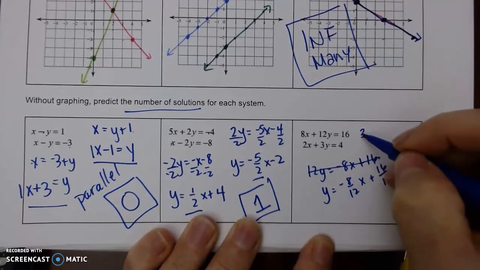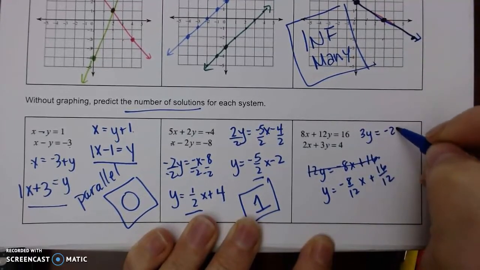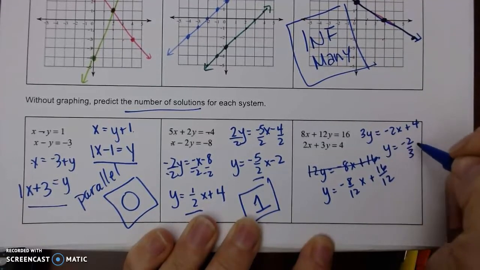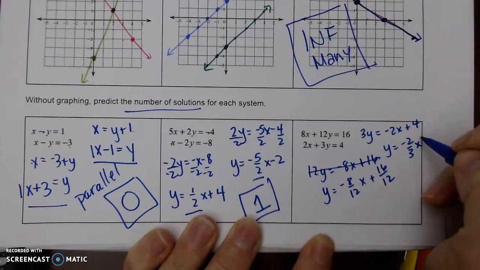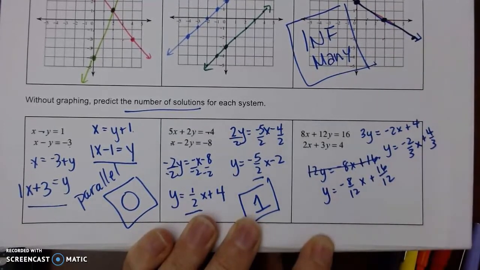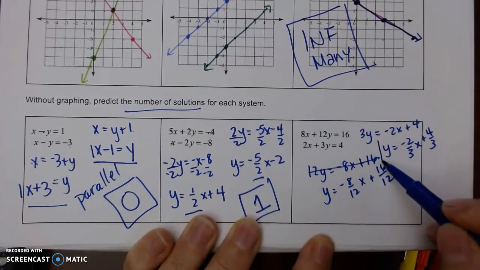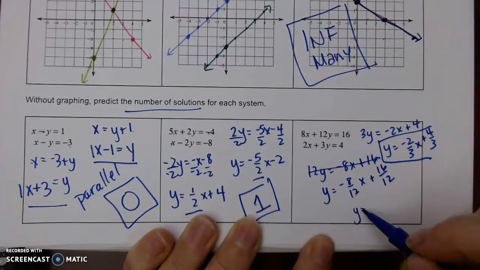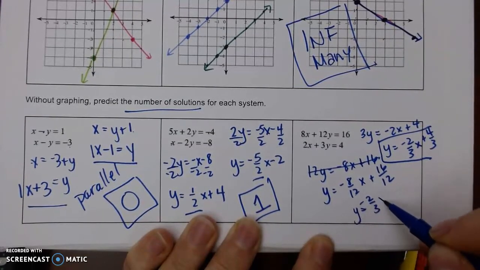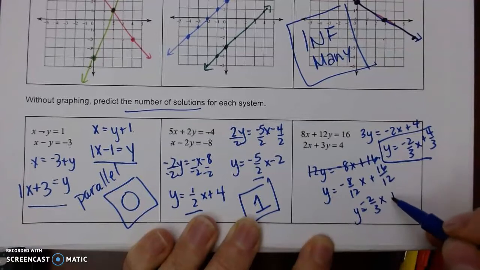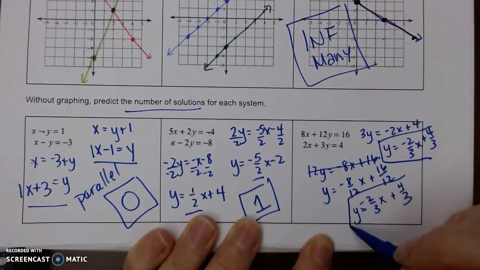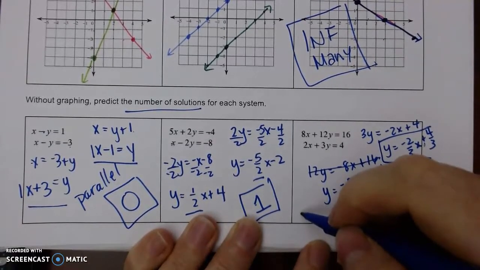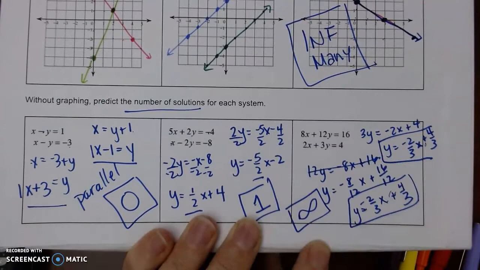Subtract 2x and divide by 3. All right, so let's see. So I might have to reduce this. So divide by 4 and divide by 4. Now I can see those are the exact same equation. So we are going to have infinitely many.